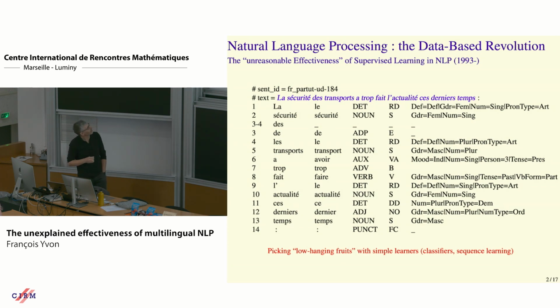This is a data set which allows you to train systems that would, for instance, assign for each word a part of speech, or assign for each word a dependency structure. And we can learn this, and you know how to learn this with classification tools, or if you're more ambitious, with sequence learning tools. So this is well known, and this has been the state of the art for, as I said, almost 30 years.